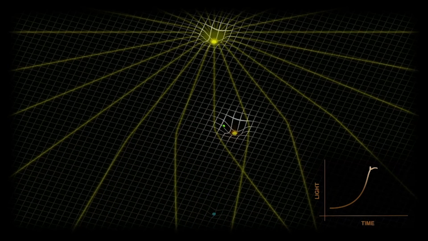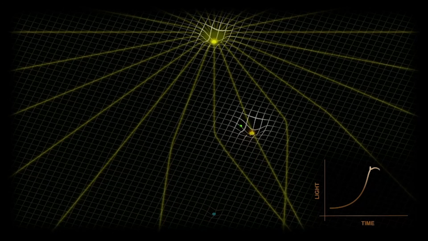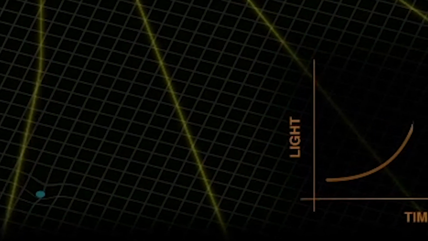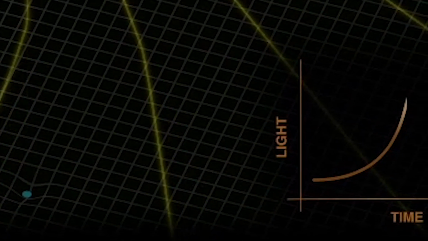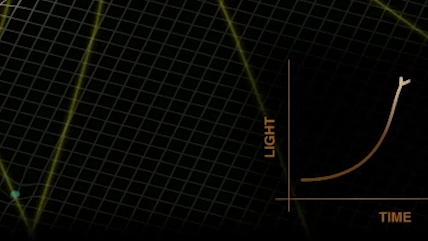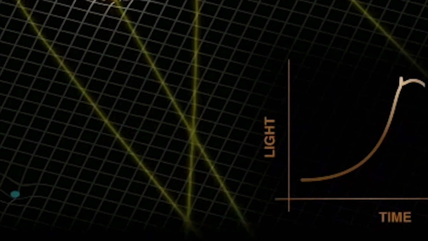So as the star and the planet move between us and the distant star, first the star will start to bend the distant star's light, and then very briefly the bend will increase by a tiny amount due to the planet. And so the light from the star will also be magnified even more by a tiny bit.